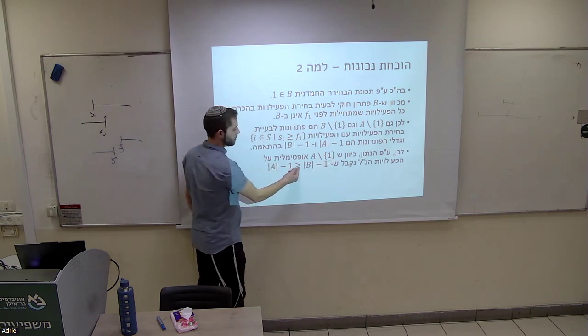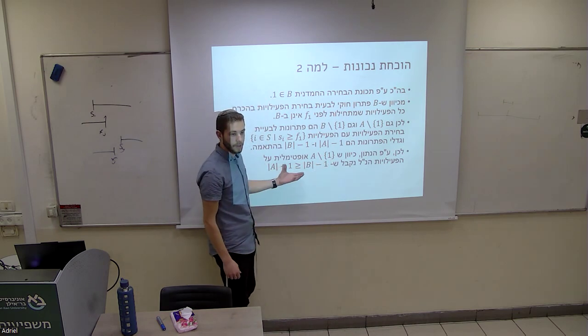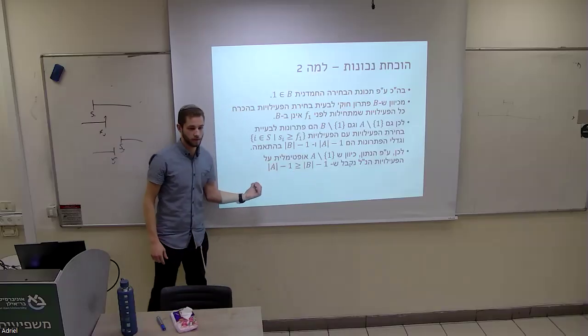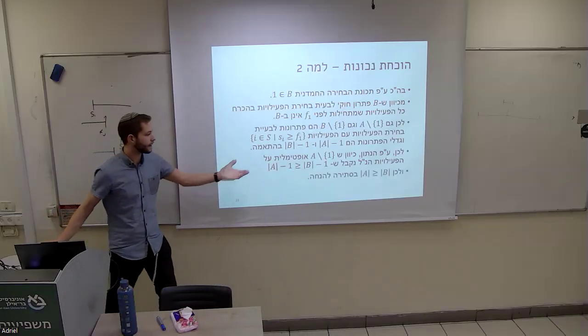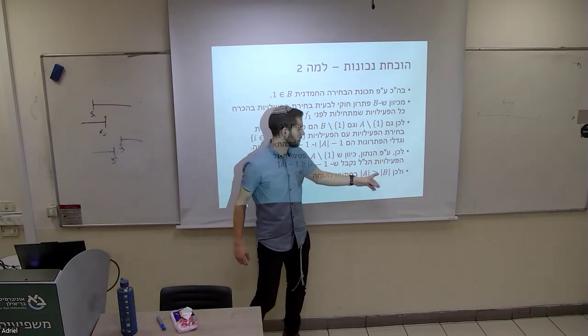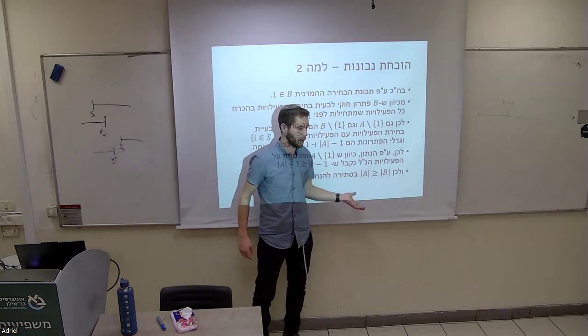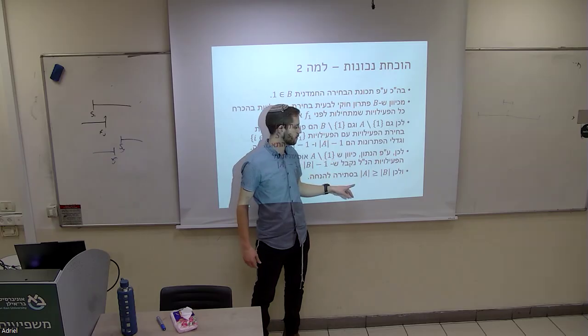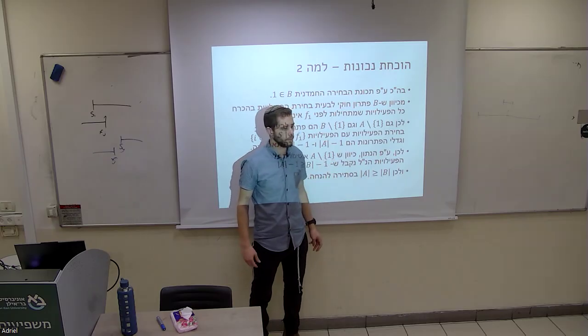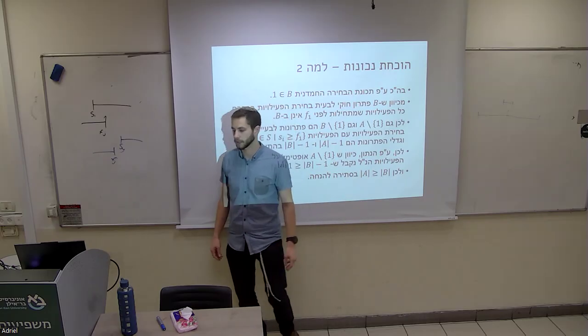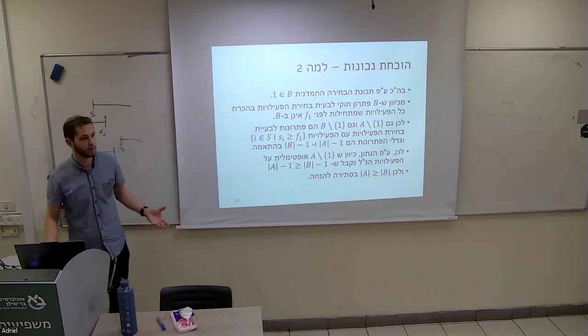Therefore, A minus 1 is greater or equal to B minus 1. And then we add back in our greedy choice, basically just adding 1 on both sides. And we see that A is greater or equal to B, a contradiction, because we assumed that B was strictly greater than A.